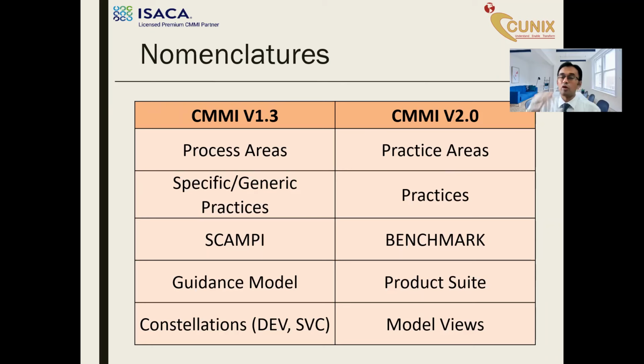Now that is called model views. So they have tried to make it more graphical, more visual, so that people are able to pick and choose like a fruit and vegetable basket. So you can pick and choose the nice ones as per your requirements. So this is something about the nomenclatures.